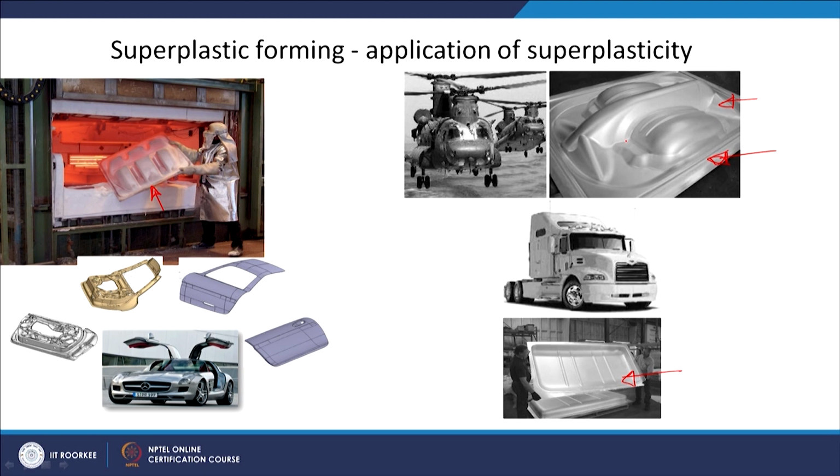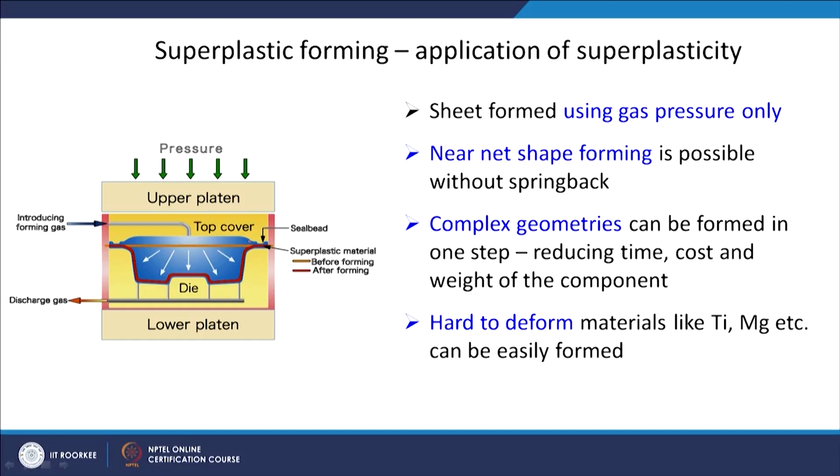If you were to do this with a conventional fabrication method, all these parts would have to be made separately and then joined using welding or riveting techniques. In one shot, through superplastic forming, you can get a very complex shape like this. As I was telling you, this is your initial sheet, shown in orange color.